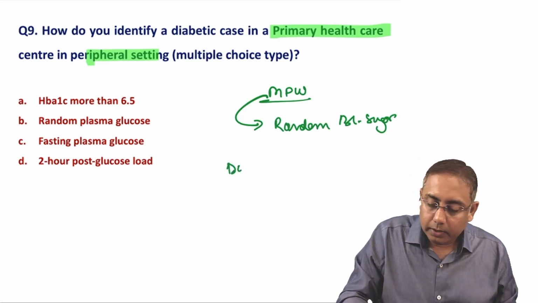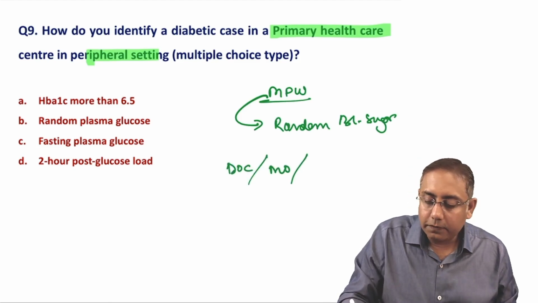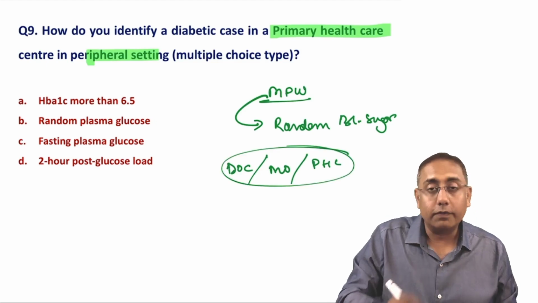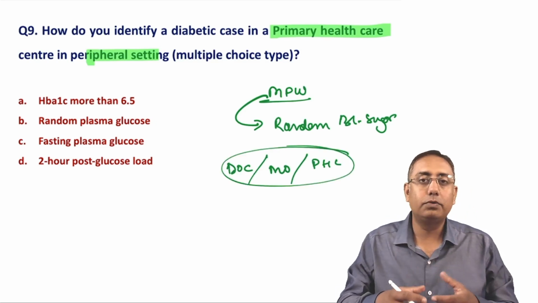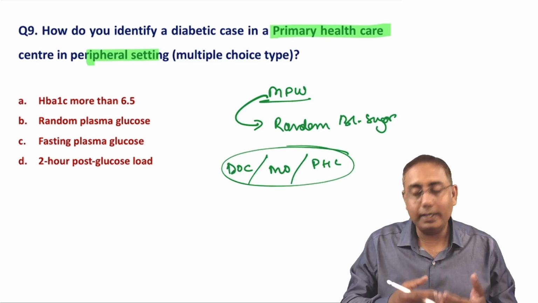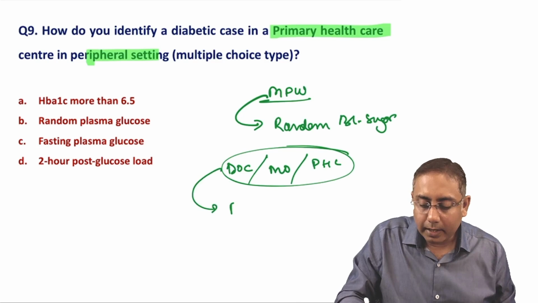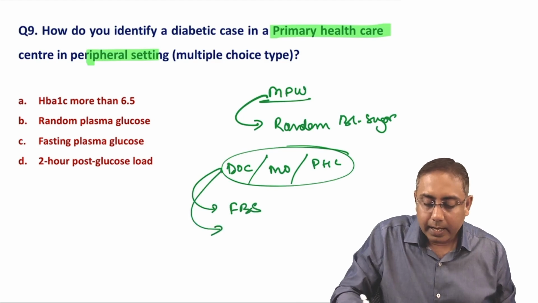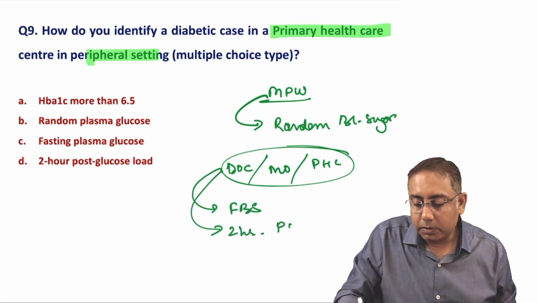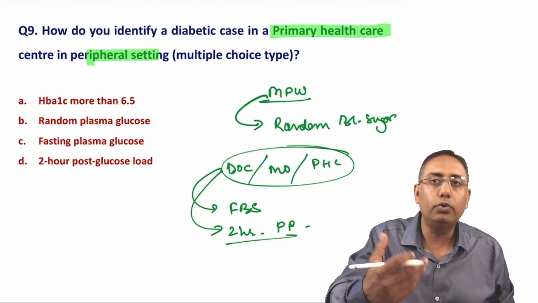In case you are a doctor, a medical officer in a PHC, so of course the INICET exam was for all the MBBS doctors. So in case it's a doctor or a medical officer at a PHC, the screening modality is a fasting blood sugar and a 2-hour postprandial blood sugar or a post-glucose load.